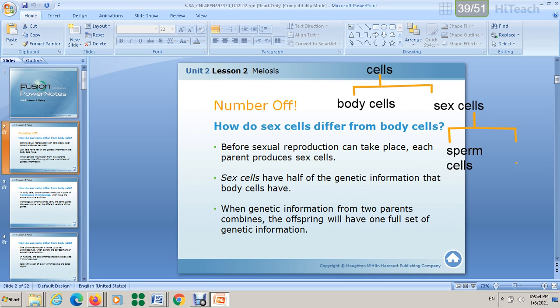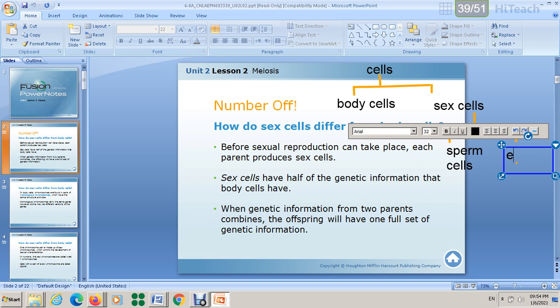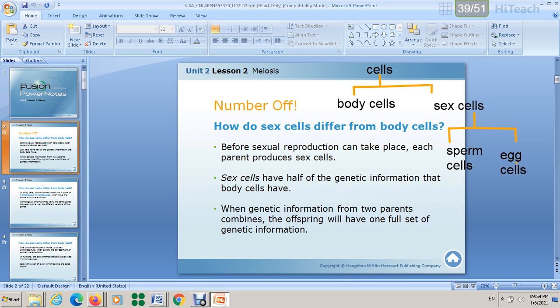We will talk about them and how they are different from the body cells. Body cells like skin, nerve, blood, all of these are body cells. Now let's talk about how these sex cells are different from the body cells.